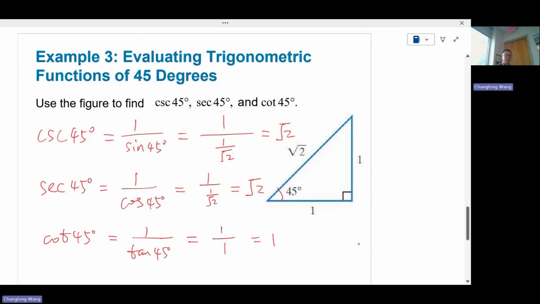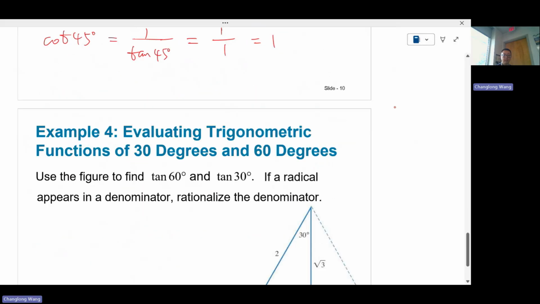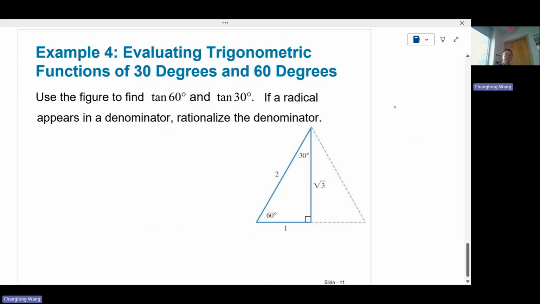All right, so one more. We still have the 30, 60, 90 triangle. Let's give it a try. You already see the whole process, so that's why they probably don't want us to keep doing all six functions anymore.